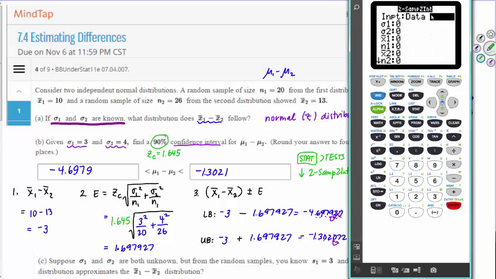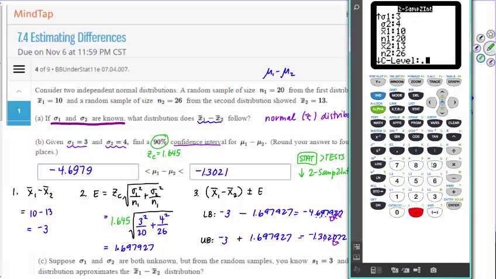Pressing enter there allows us to put in the summary statistics or data. If you have raw data, you can put that in the list. We'll put in the stats. The standard deviation of the first population is 3, second is 4. The mean of the first sample was 10, and 20 was that sample size. Sample mean number 2 was 13, and sample size number 2 was 26.